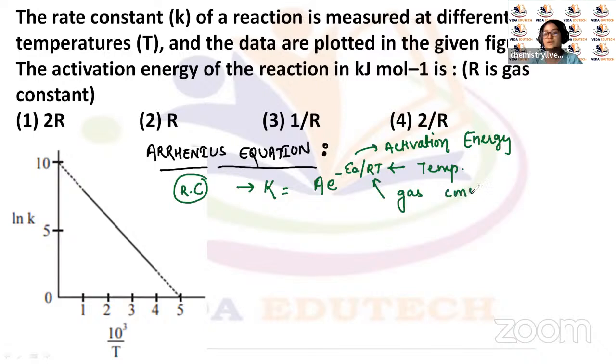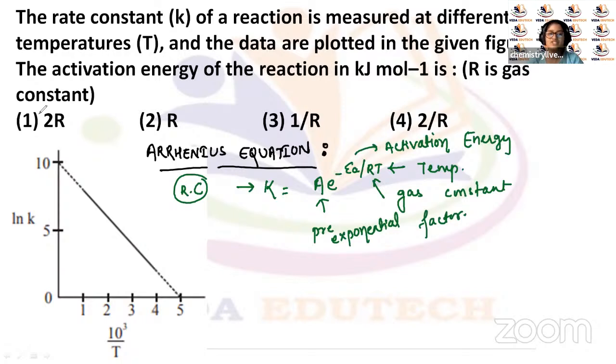This A is called a pre-exponential factor because it is before the exponent, right? Pre-exponential factor. Now this is the basics of your Arrhenius equation.